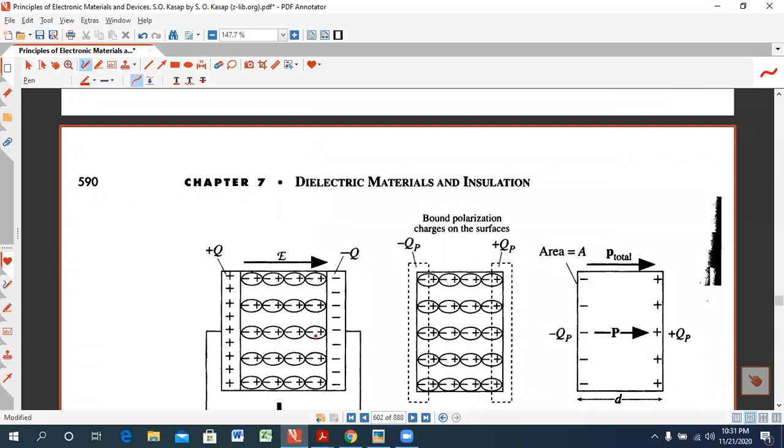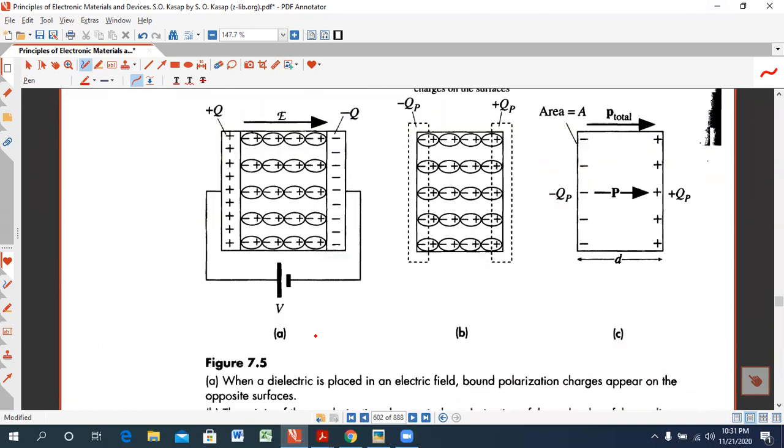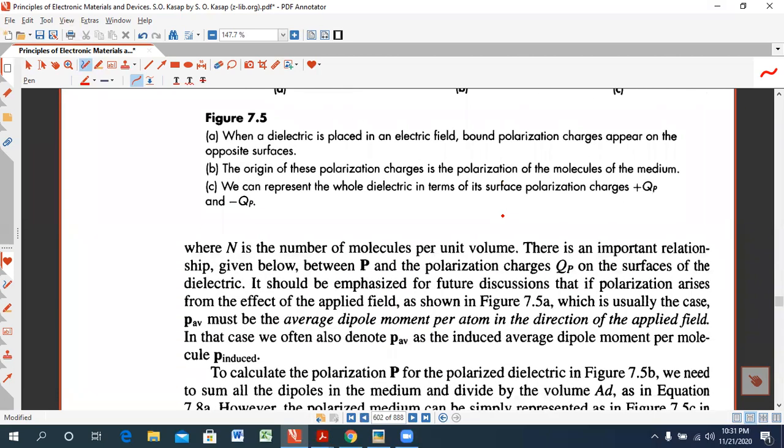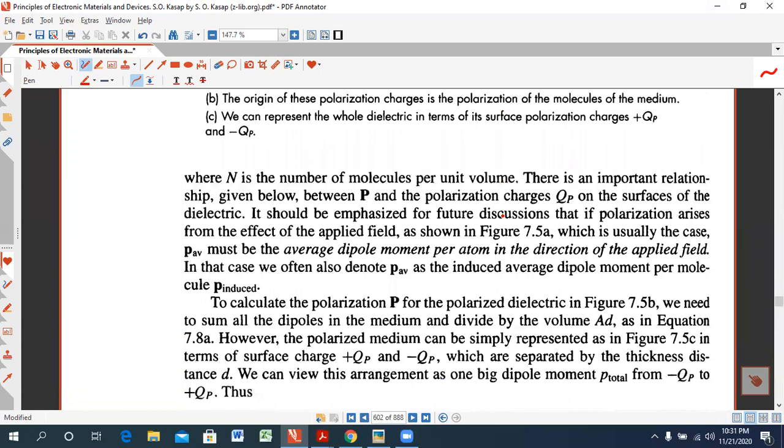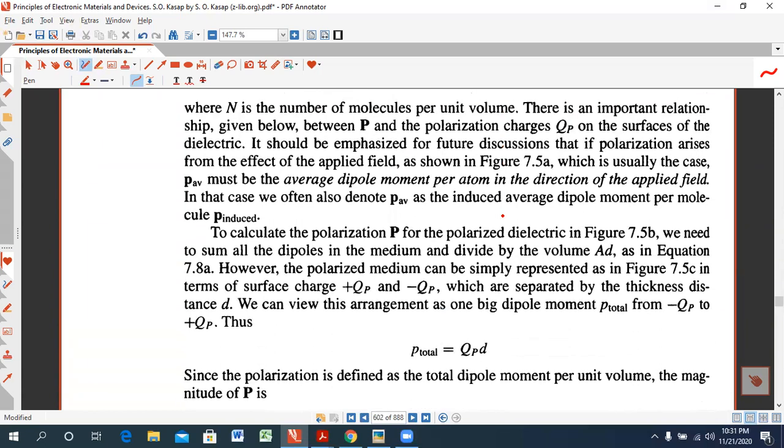Now this is the diagram for the polarization vector. These are the two plates, and in between them there is an electric field E, and due to the dielectric material there is polarization. If you go through these things, it will be easier to understand.